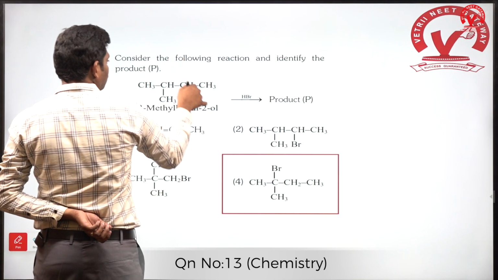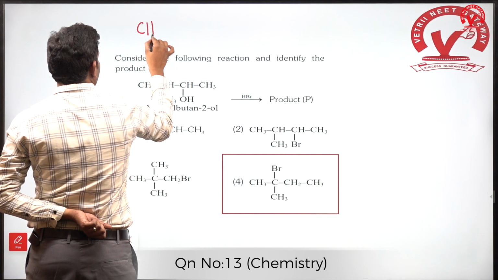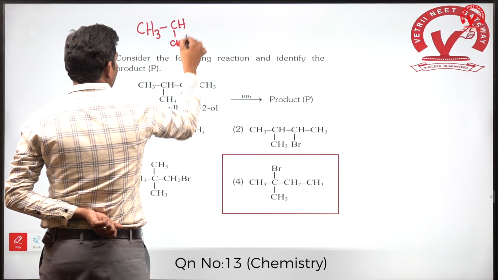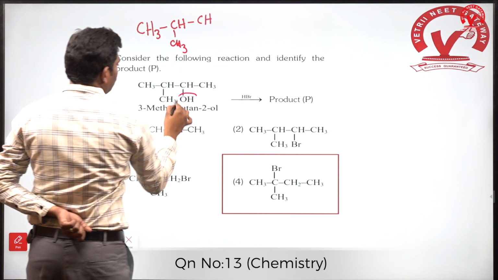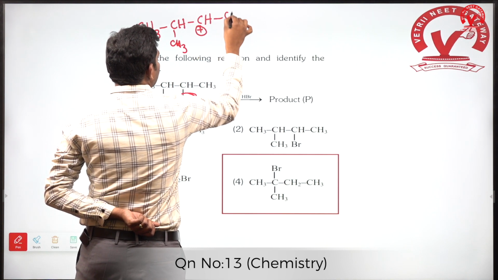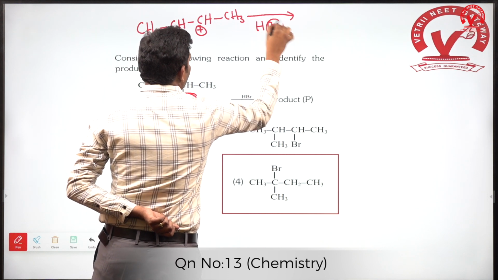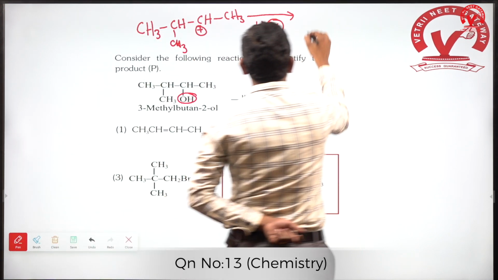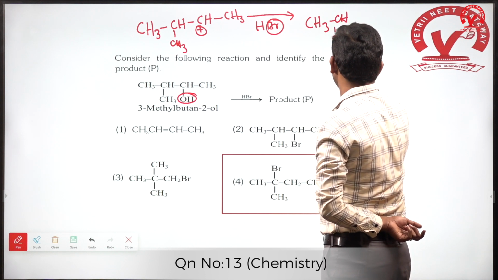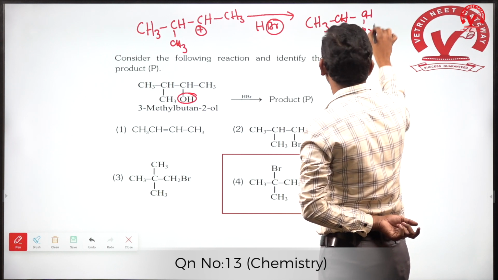First, what we normally expect as the product: the OH is eliminated to form the carbocation, then bromide attacks on this one, forming CH3, CHBr, CH3.